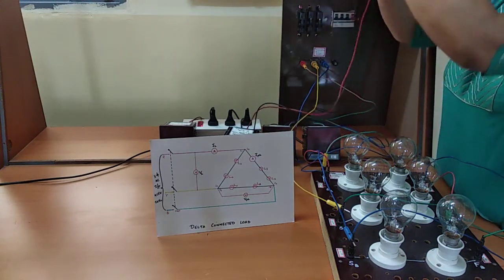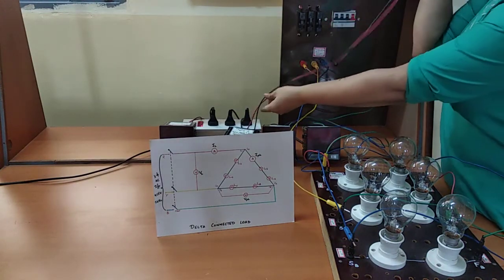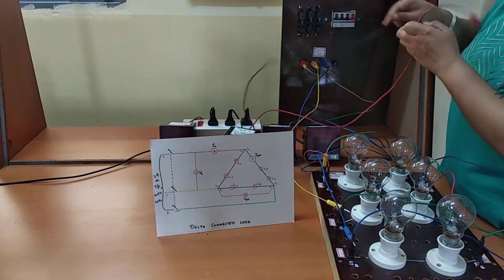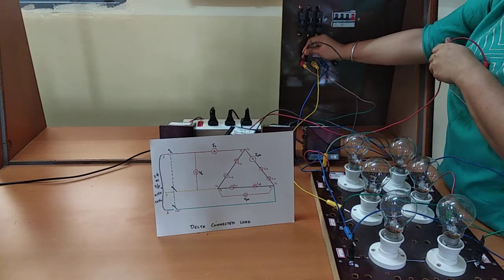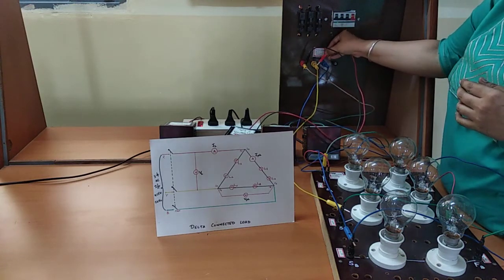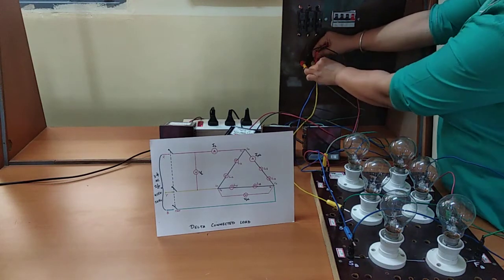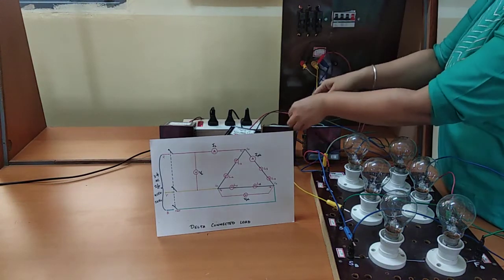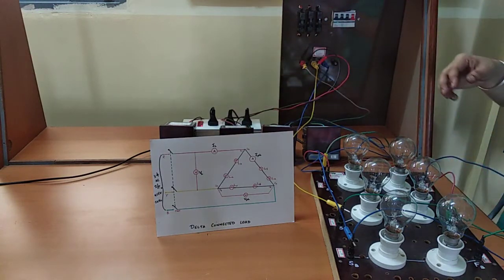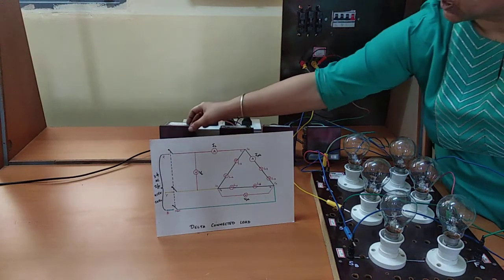Two terminals, one goes to R phase and the other goes to Y phase. Remember, in AC, the polarities do not matter much. So you can connect without any worries, because they keep changing the polarities in every cycle.